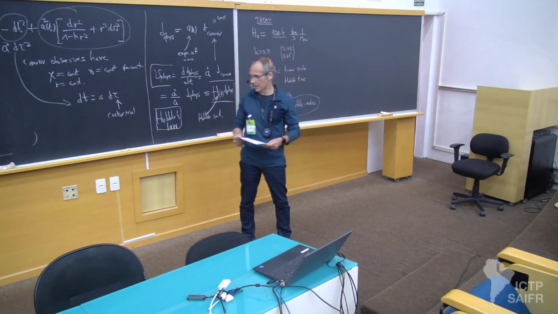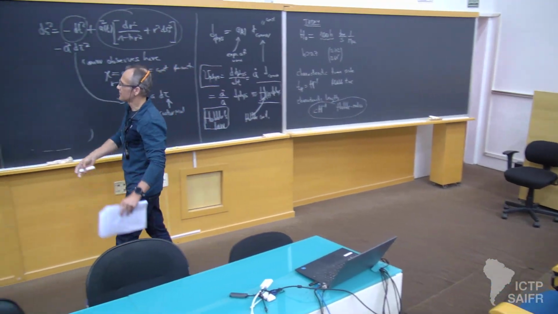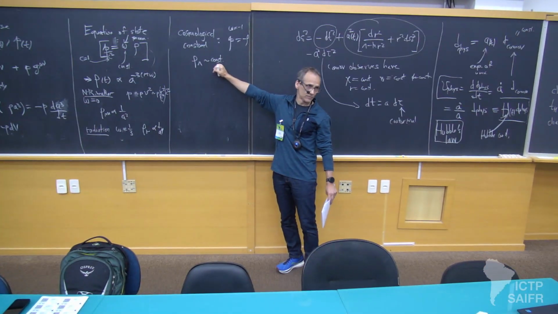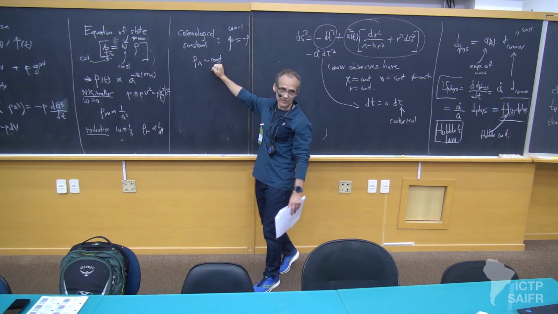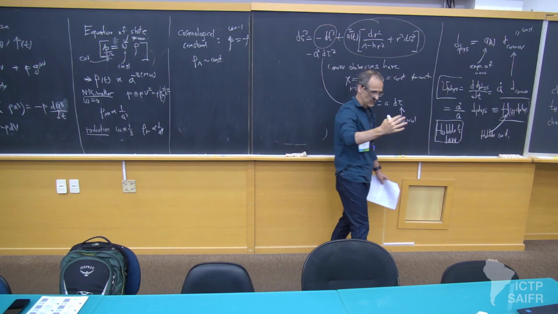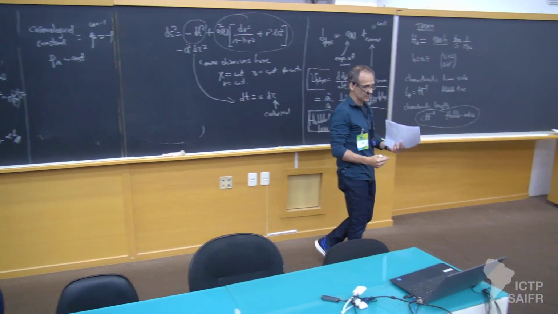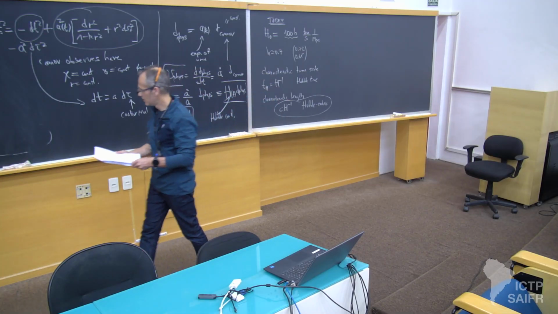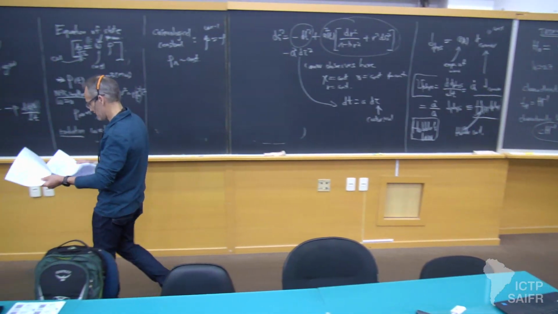And so that means that at late times, as these other things dilute, this may come to dominate. And this is exactly what we see: in the last few Hubble times, the universe is being dominated by something very close to a cosmological constant. I'll get back to that in a second.